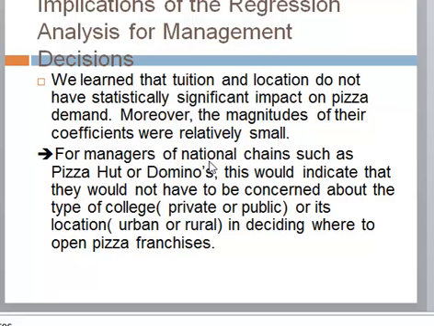For managers of national chains such as Pizza Hut or Domino's, this would indicate that they would not have to be concerned about the type of college, whether it's a private school with very high tuition or a public school with lower tuition, or its location, urban or rural area, in deciding where to open pizza franchises. People's demand for pizza does not respond that much to income changes or to where you're located.